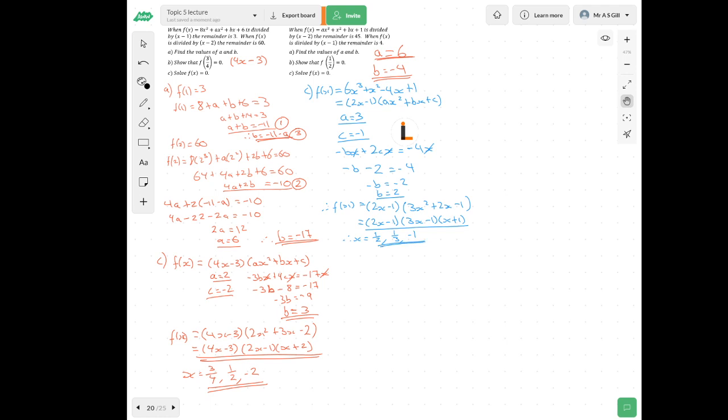So those are our solutions for part C there as well on the right hand side.